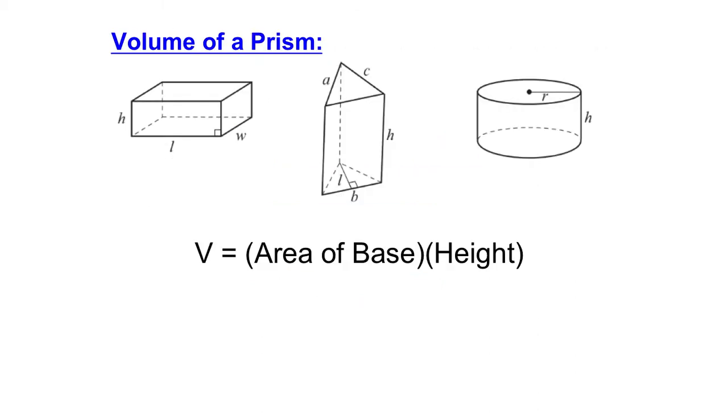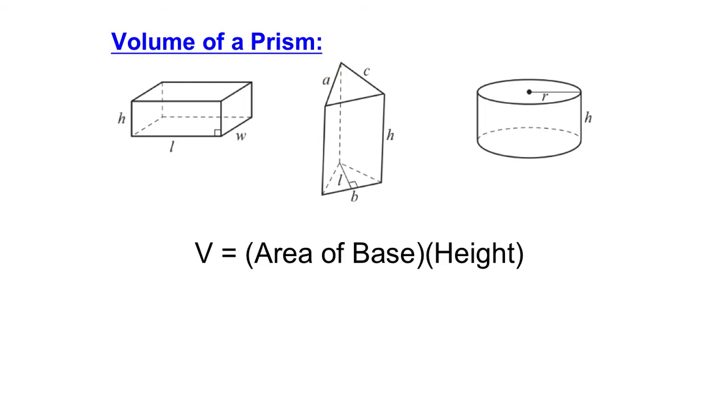Now let's move on to prisms. A prism is really any 3D object that has 2 parallel faces that are the same shape and same size, and they're perpendicular to each other. So here's a rectangular prism. Really, any of the faces can be counted as the base, because it's parallel to the same rectangle on the other side.